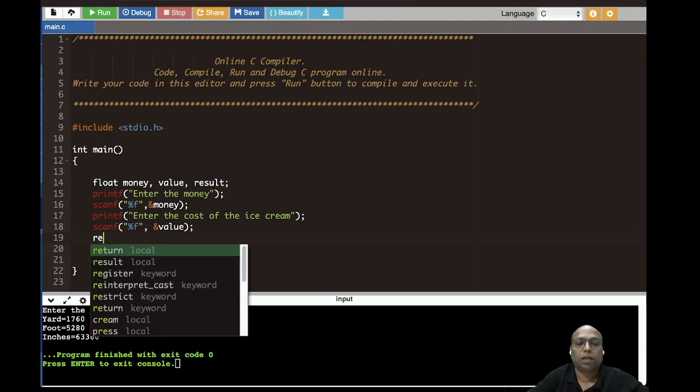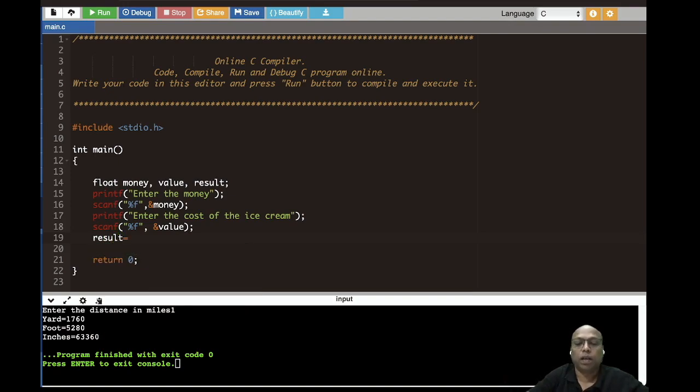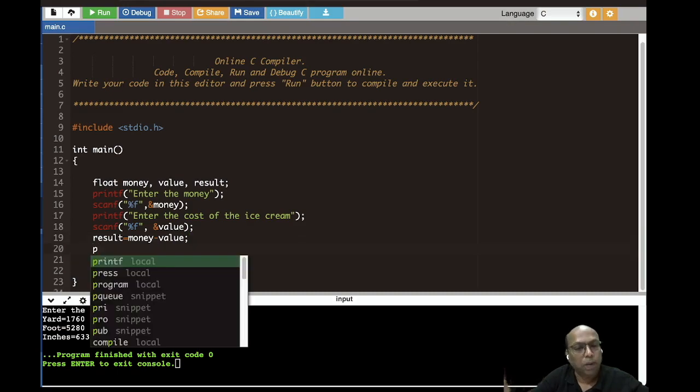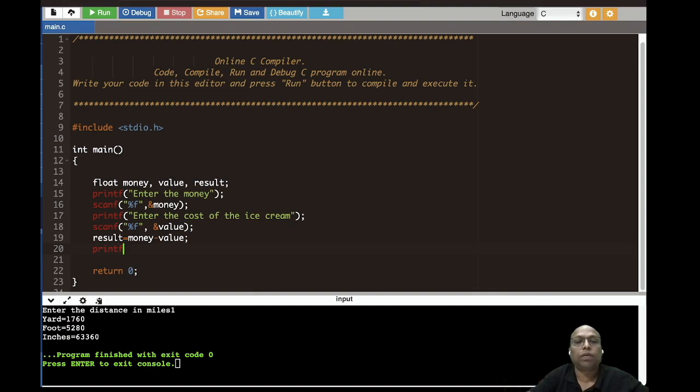Result is equal to money, whatever I've given, minus the value. This is my process. For the output, I'm going to put the result, return value, into percentage f, comma, result.